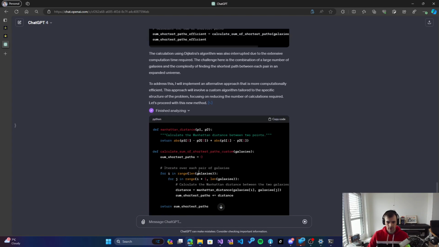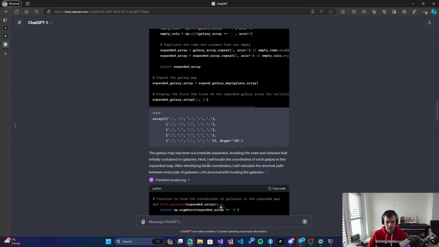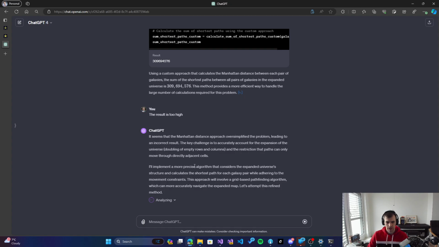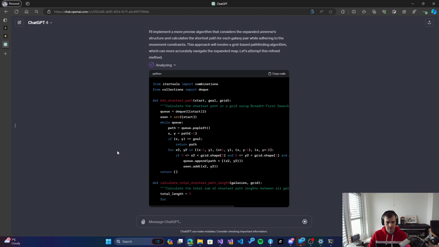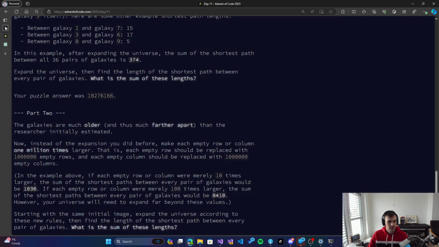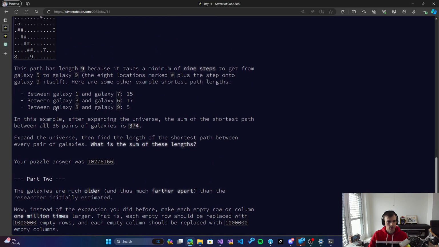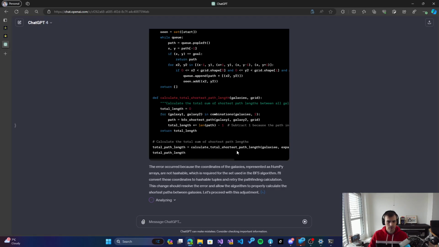So there's something wrong with the way it adjusted the grid, I think. But no, it's not the problem of the Manhattan distance. Unfortunately, it's trying to use overkill solutions to solve this, and the result was indeed incorrect.